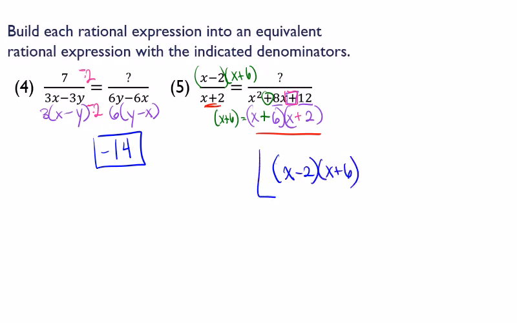And you could FOIL that out if you want to, but it's okay to keep it as a factored polynomial as well. All right, so that's how we're just practicing building equivalent expressions, right? And so we're going to do a lot of that in order to add and subtract rational expressions. And when we solve rational equations, we're going to do a lot of this as well.